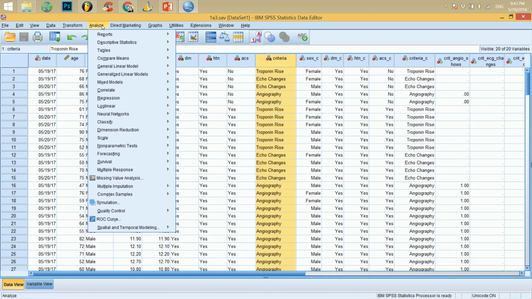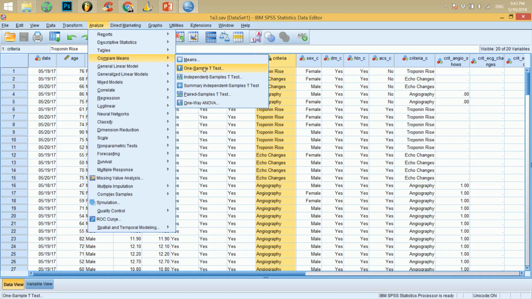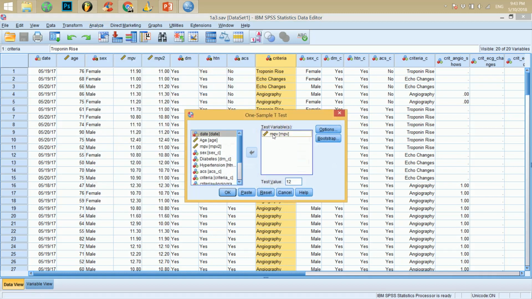So let's get started with the first test, which is a one sample t-test. So what we do in this is that we take one of the variables, like in this case we want to analyze MPV, which is mean platelet volume, and we want to test that against one of the mean values that we choose.